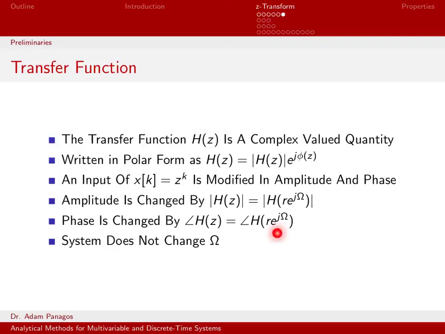So the system doesn't change the frequency. All it does is change the amplitude of the frequency and the phase of the frequency. Very similar things that you've seen and heard before with respect to Fourier transforms and discrete time Fourier transforms. Alright, so this eigenfunction property and the special form of z to the k and why we like z to the k's gives us a hint on how we now want to define the actual Z transform.